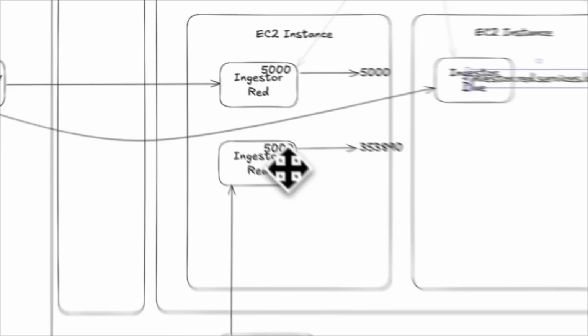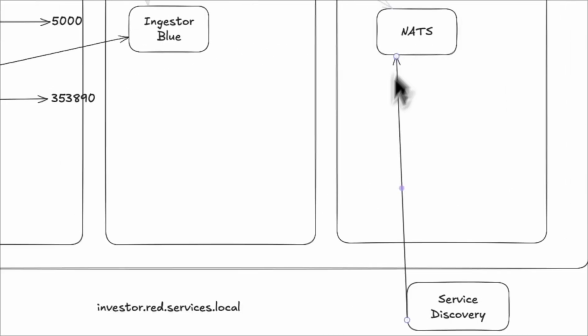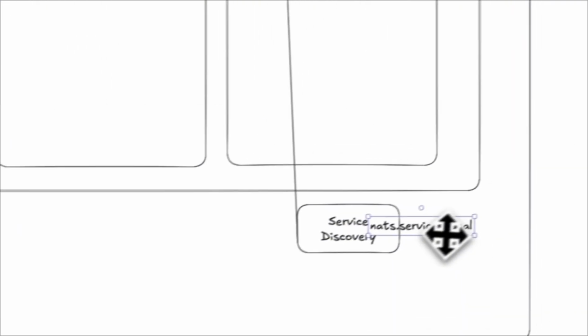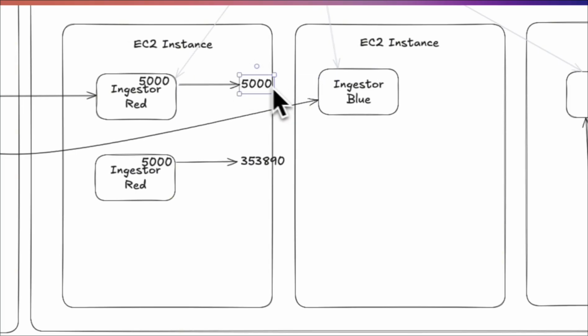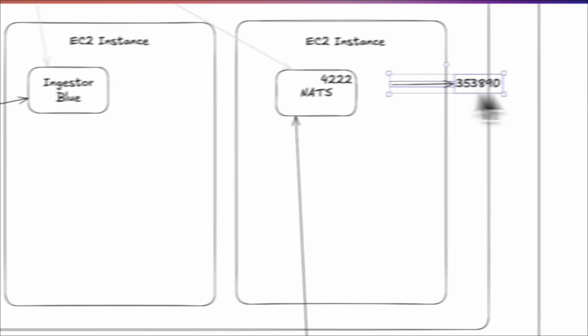So if you configure this service to communicate to this one, you will have the address. In my use case, the thing that has DNS is NATS. So we basically have something like nats.services.local. NATS is running on port 4222, which is the default port, and it is mapped to some random port on the instance level.